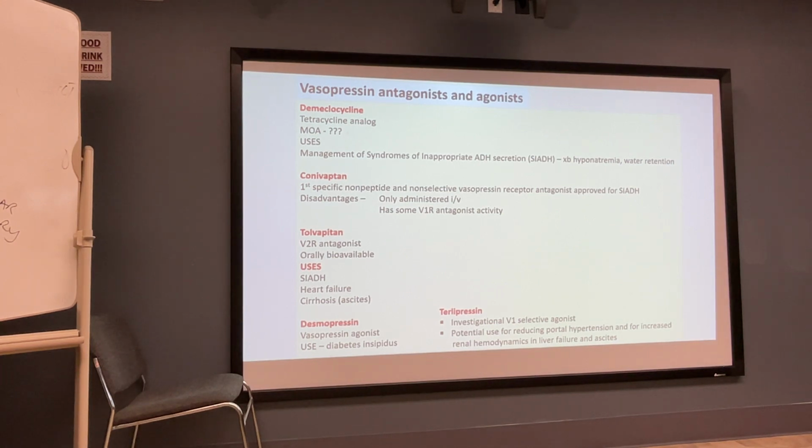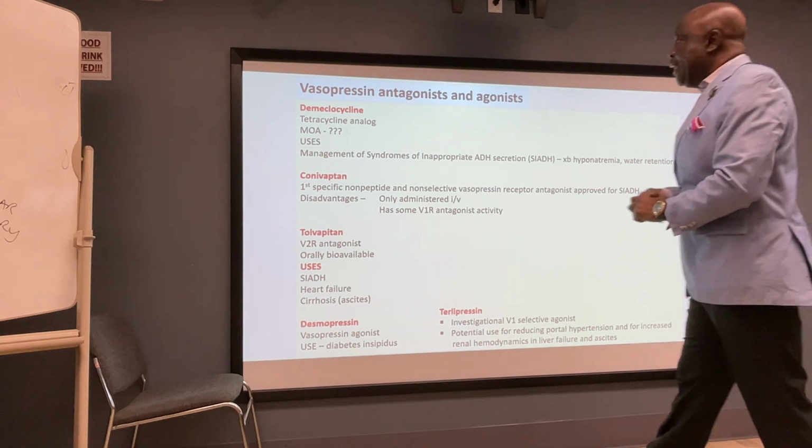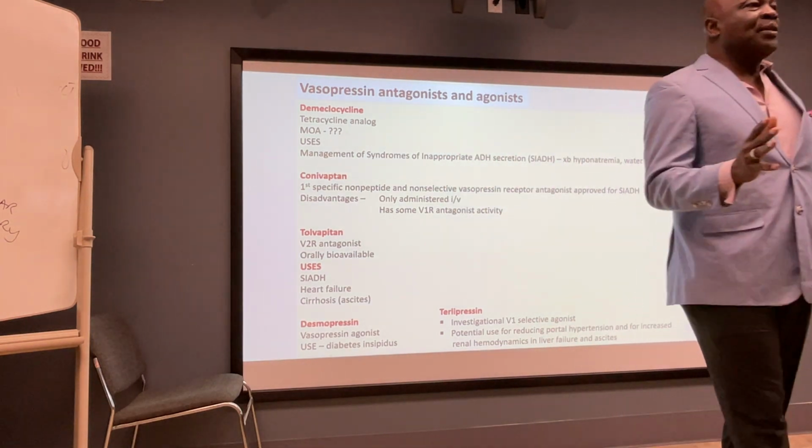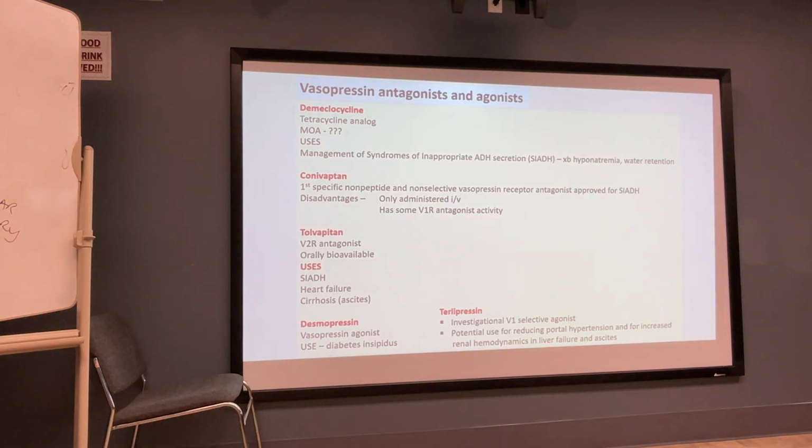The next one is vasopressin or antidiuretic hormone. And here we talk about the antagonist and the agonist. So just to remind you again, there are two receptors for vasopressin, right? There's the V1 that's located where? The smooth muscle. Very good, in vascular smooth muscle.